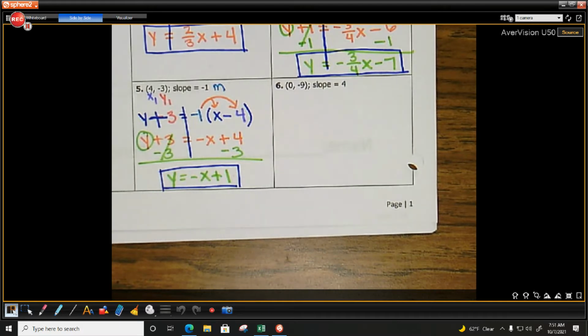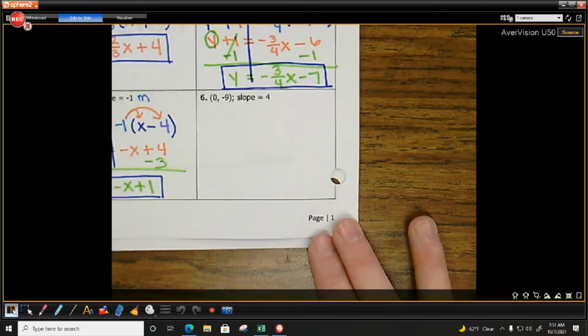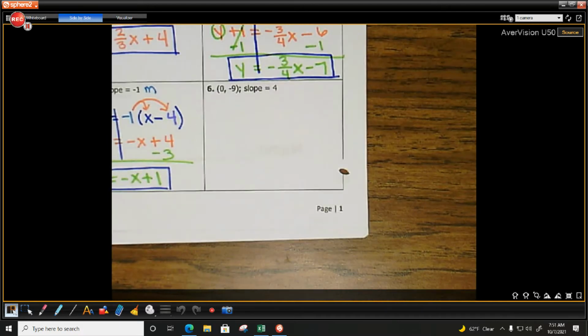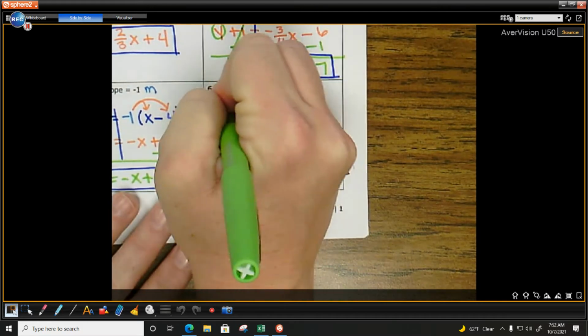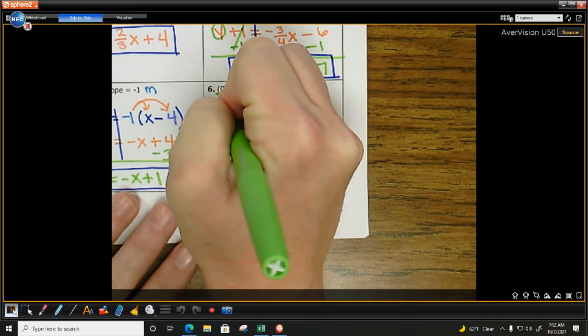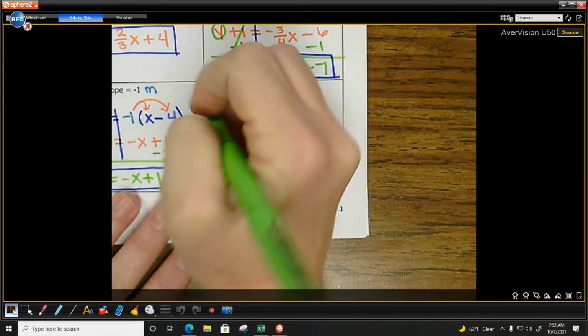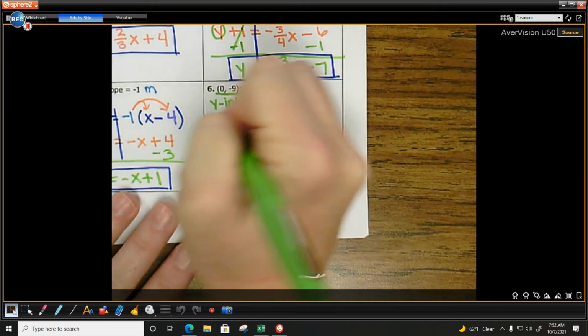However, look at number 6. Sometimes the point that's given to you is the y-intercept. How do you know that you are given the y-intercept? X is 0. So this is your y-intercept, because x is 0.